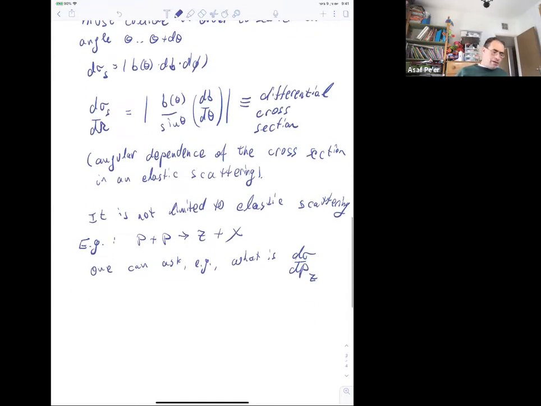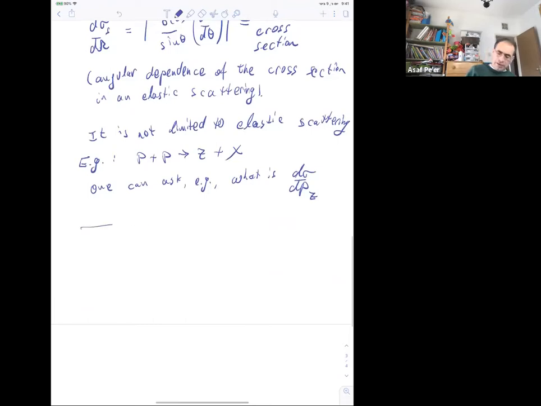Okay, so what I want to do today is the quantum mechanical treatment, and that goes to Fermi's golden rule.